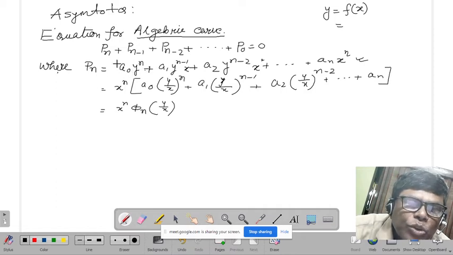These are constants, that is coefficients, say b0, b1 and so on. So each term has some expressions like this. So this is the general equation of nth degree, and this is called the equation of an algebraic curve.